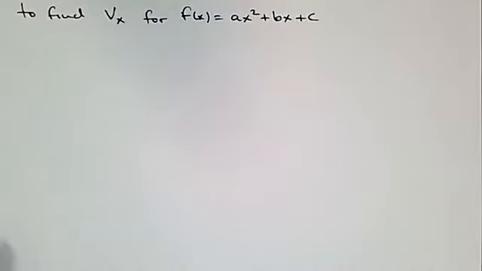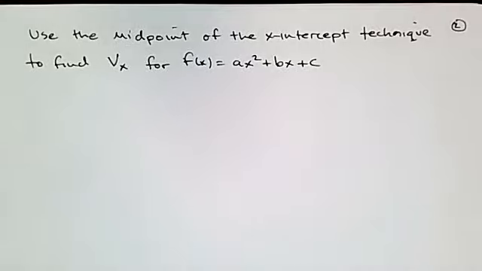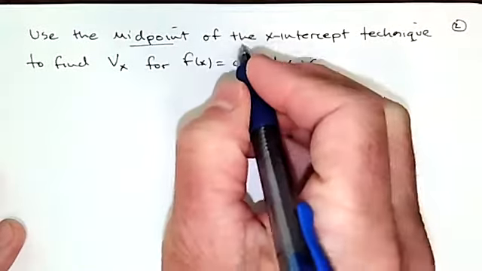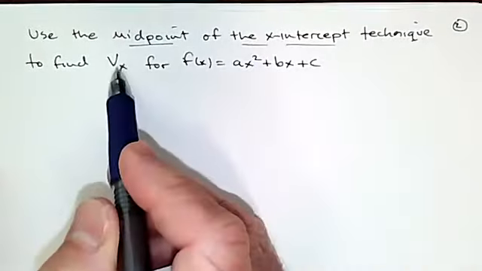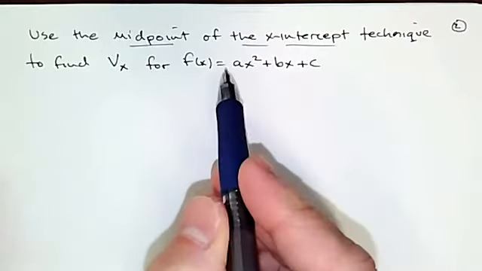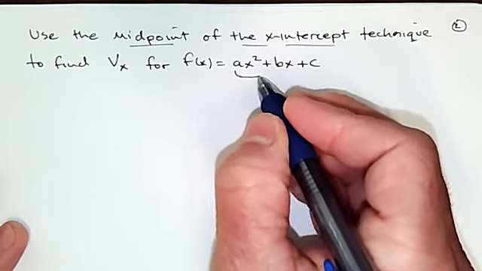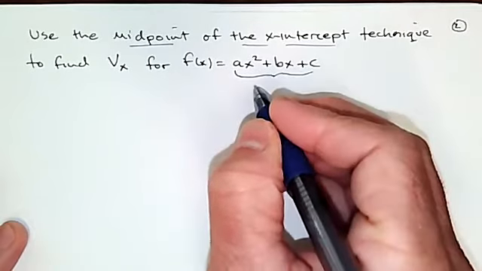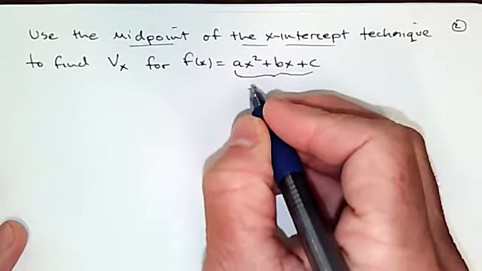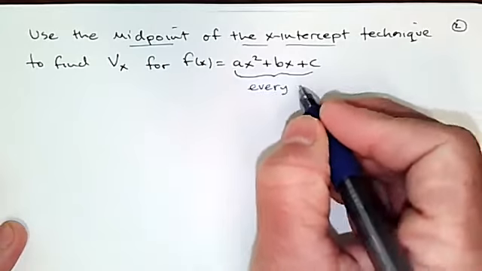So let's say I try this same technique of finding the midpoint of the x-intercepts to find v sub x for f of x equals ax squared plus bx plus c. Now, what am I really showing you? This is not just another parabola. This is every parabola, isn't it?